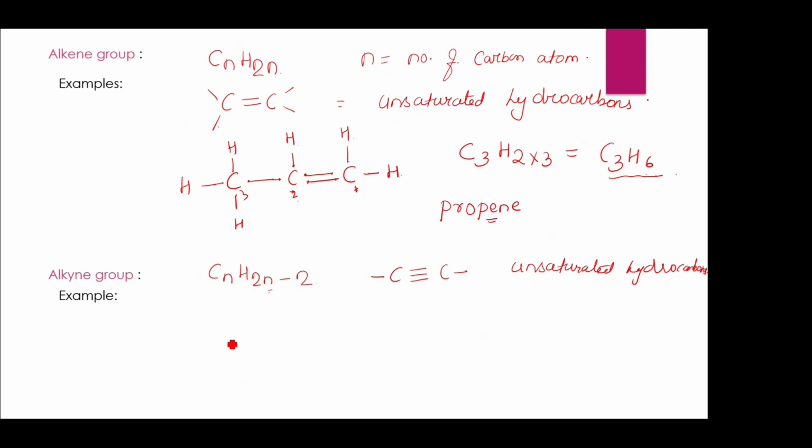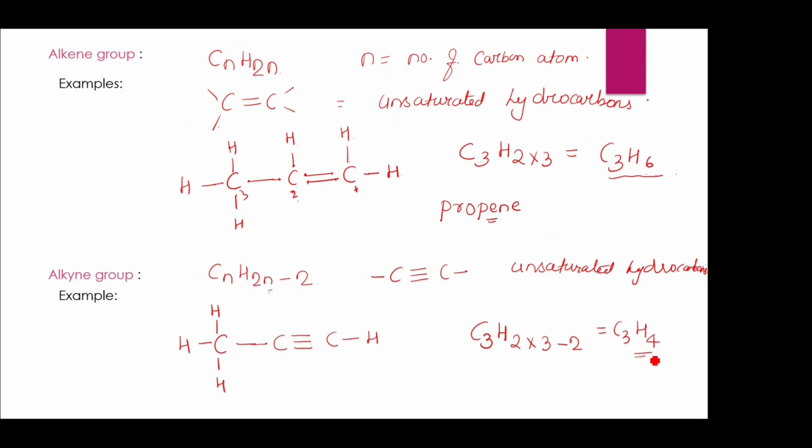Let's see one example. C, C, C, with a triple bond, and hydrogens: 1, 2, 3, 4. So no hydrogen on this carbon; one hydrogen, hydrogen, hydrogen. If you put it in the formula, C3H2 into 3 minus 2: 2 times 3 is 6, 6 minus 2 is 4.